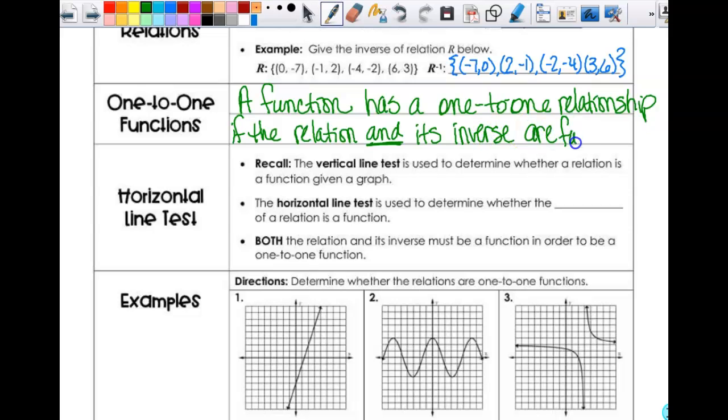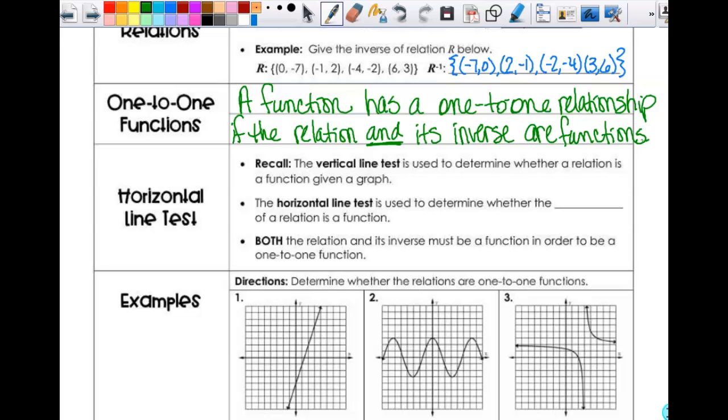And I'll explain what that means. So if you start with a function, you take the inverse, you end with a function, that's what's called a one-to-one function. And we can check that algebraically, but we can also check it graphically.